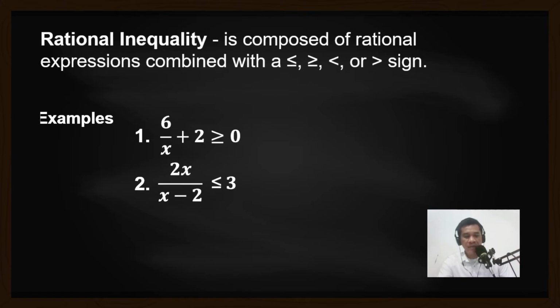Number 2, we have the rational expression 2x over x minus 2, and then there is the inequality symbol. So number 2 is an example of rational inequality. Number 3 also is an example of rational inequality because of the presence of the inequality symbol and the rational expression x squared minus 4 over 3 minus x.